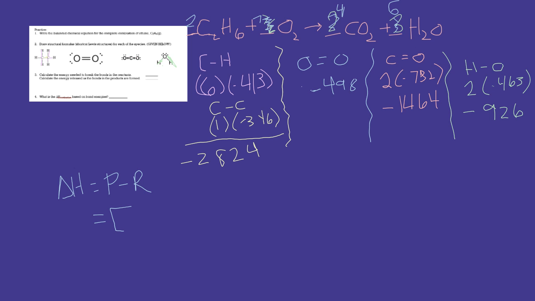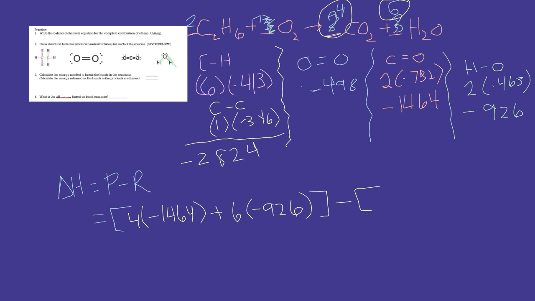And this is where we have to be careful. We have to take into account these coefficients, so the 4 and the 6. So we'll say 4 times negative 1464, so that's your 4 carbon dioxides, plus your 6 waters, and water we calculate to be 962. Close parentheses. So this would be our total products.